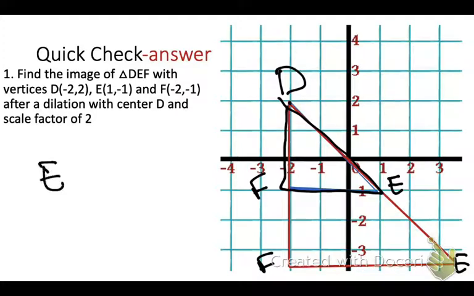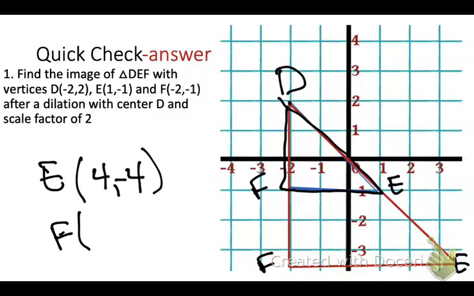E looks like it should be 4 and 4? So positive 4, negative 4, and F should be negative 2 and negative 4? I don't know. Let's check that. See what you have, see what I have, and then let's compare our answers tomorrow during class.